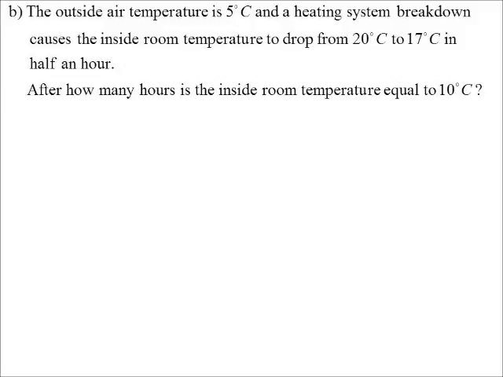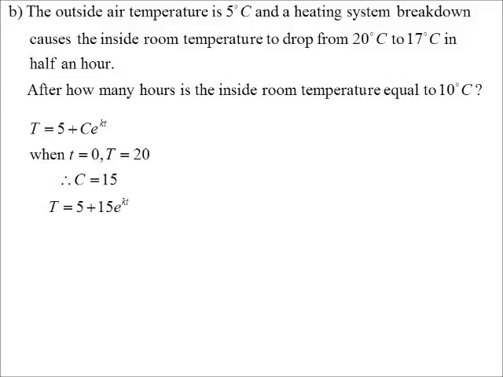It's so cold. T will end up equaling then 5 plus Ce^(kt). Remember, that 5 is the asymptote, going down to the outside room temperature, so they've told us that is 5. So I know my equation is 5 plus Ce^(kt). But they also told me the initial one, we're starting at 20, so C will be 15.